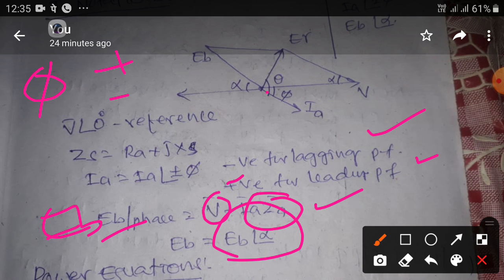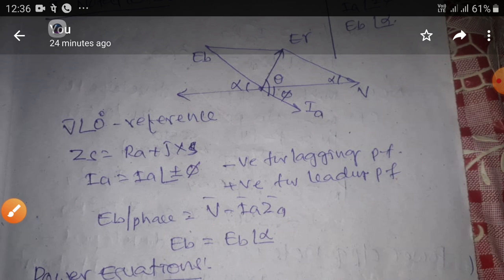These are vectors: V is taken as the reference, I is lagging based on the excitation and load current, ER is at angle theta and EB is at angle alpha. These are the terms we generally require, and we considered this in the last class too.